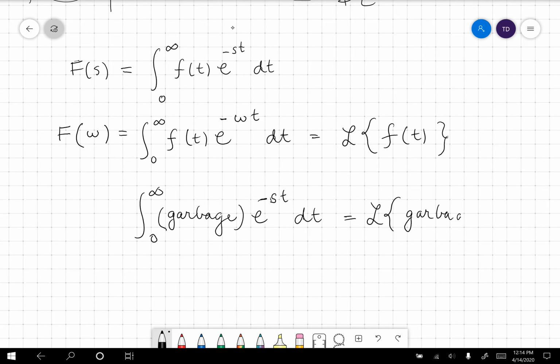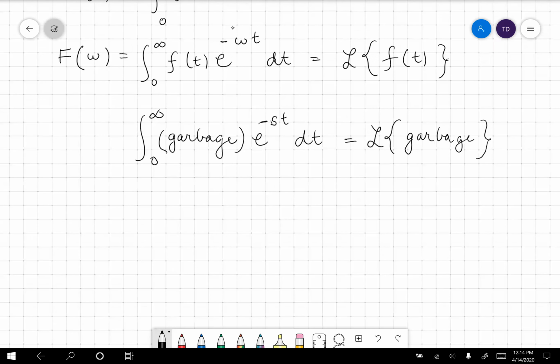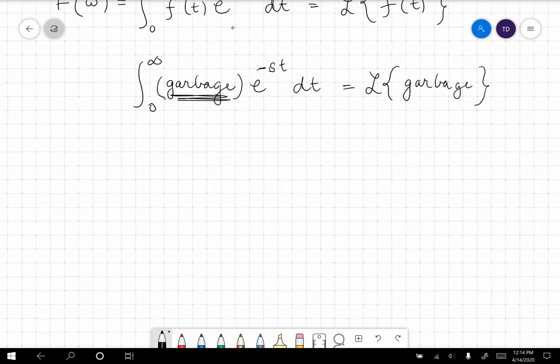You don't know why I'm writing all of this down here, but I want you to recognize this. Whatever multiplies e to the minus st, if you take the integral over time from 0 to infinity, it's the Laplace transform of whatever that is. As long as all of the rest of this looks the same, it's the Laplace transform of that.